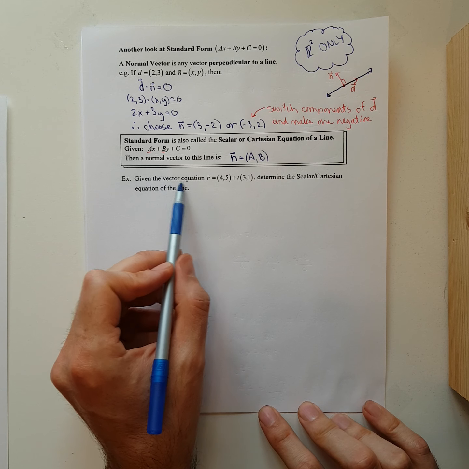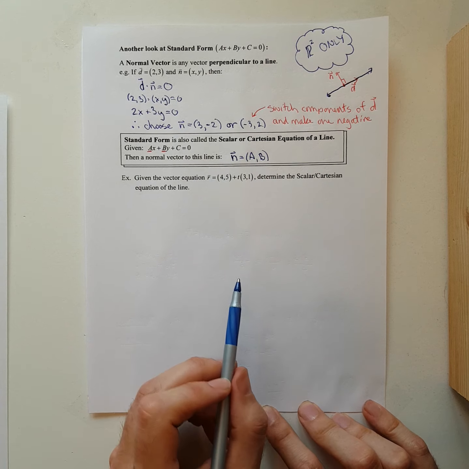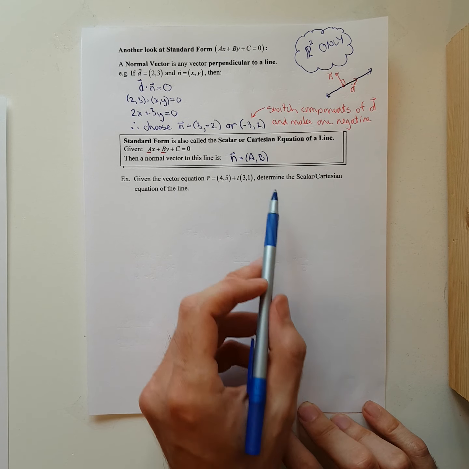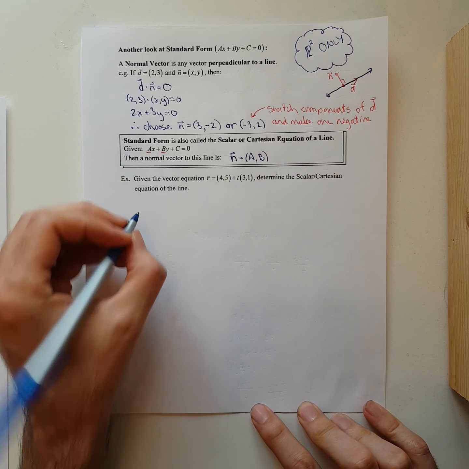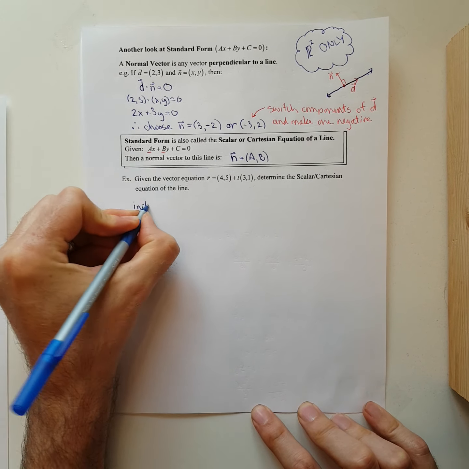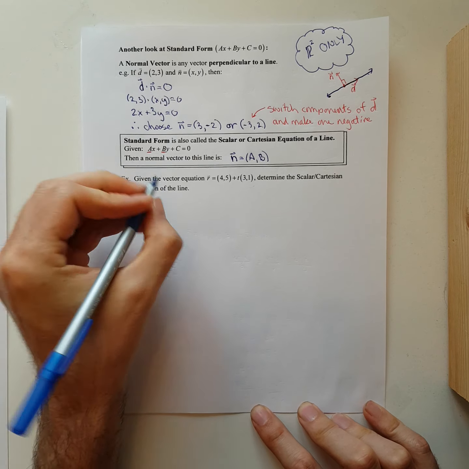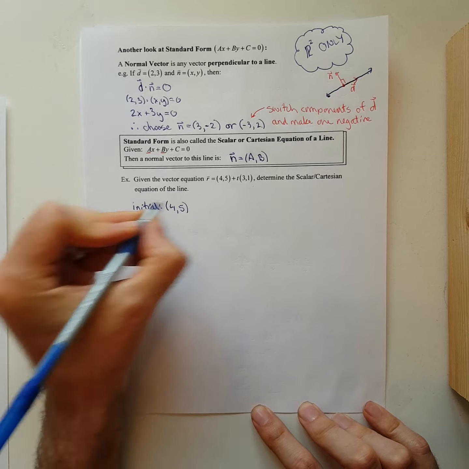So if I come back to then, given some vector equation, this is actually from our first example, the one that we found, let's determine the scalar or the Cartesian equation of that line. So if I look at this equation in its vector form, we have an initial point, that is 4, 5.